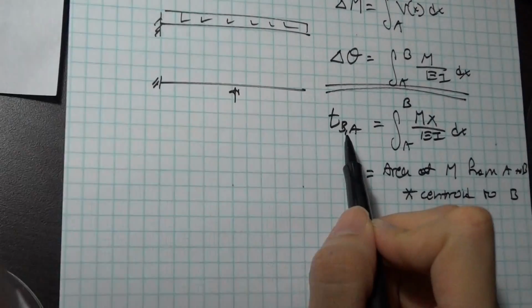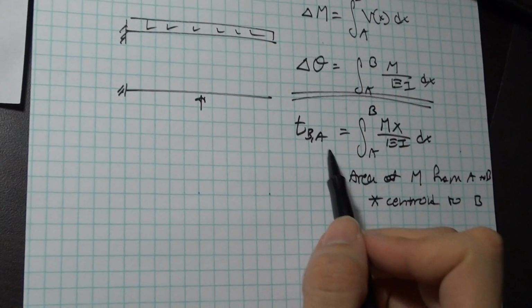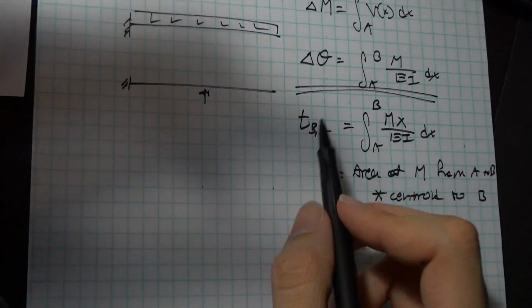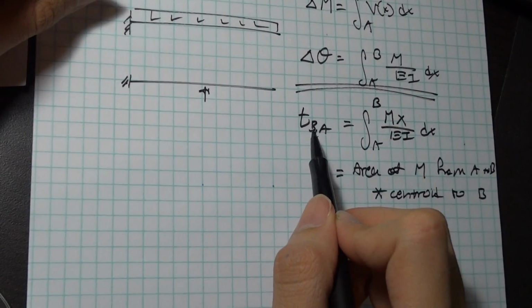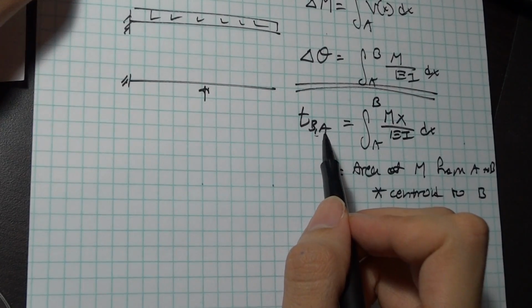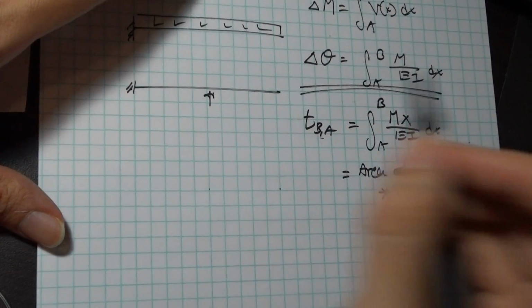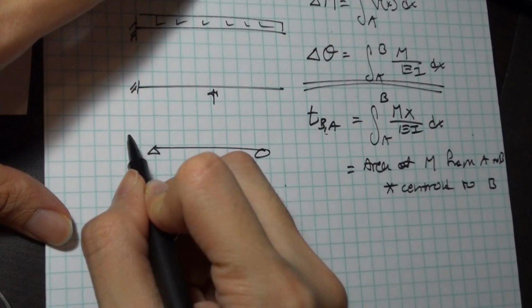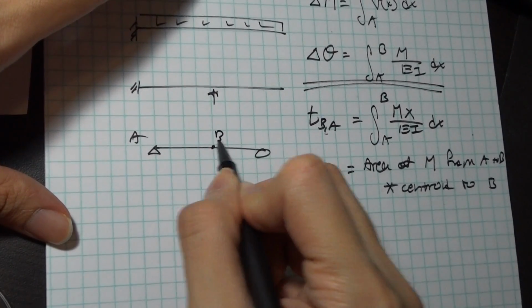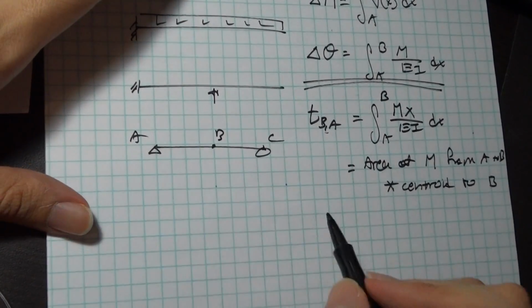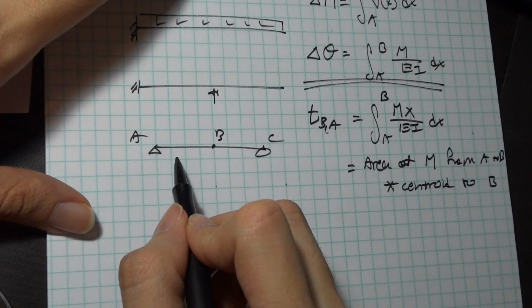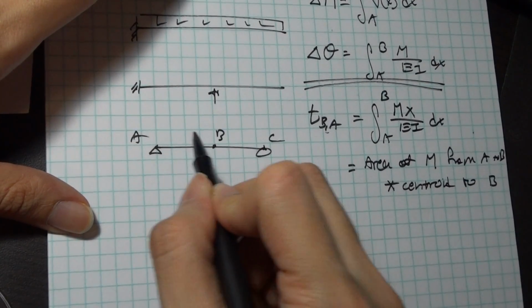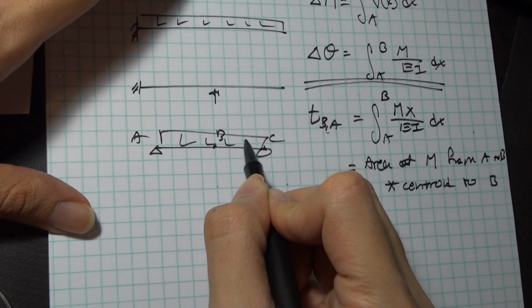These two letters have a very special meaning. Do not mix them up. B, or the first letter, is always the point you're interested in. A is the point that you're drawing your tangent about. So for example, if I have a beam like this, where this is A, this is B, and this is C, let's say I have some distributed load, right?